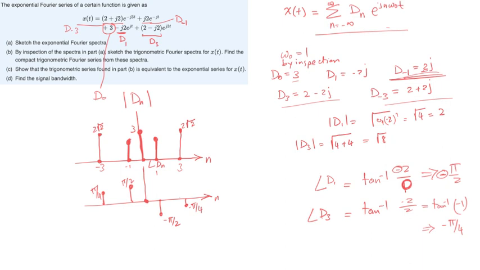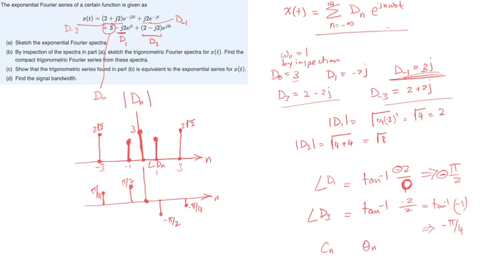So you remember there was a table that gives you the relation. It was in the Fourier series lecture slides, right? And it's in the book as well. And in that it says that the compact trigonometric parameters are Cn and theta n, right?